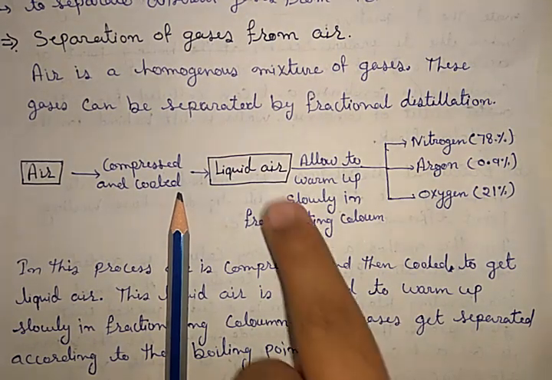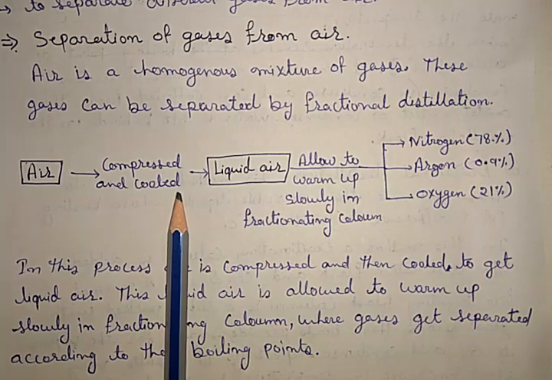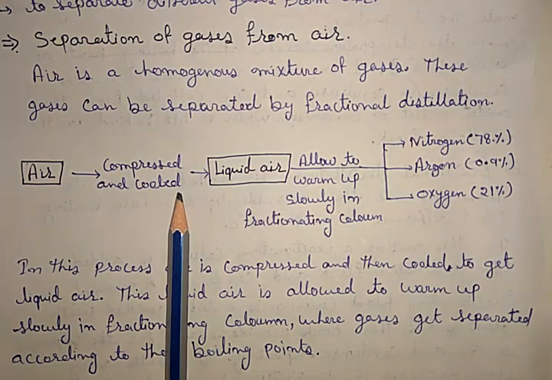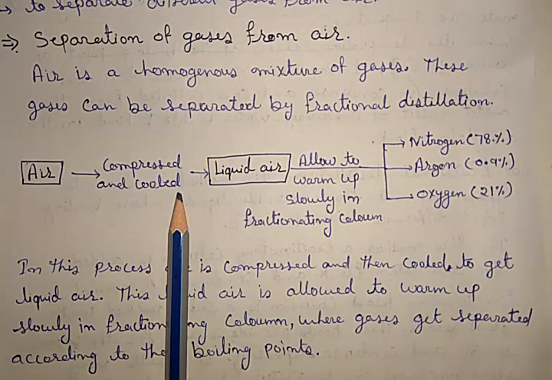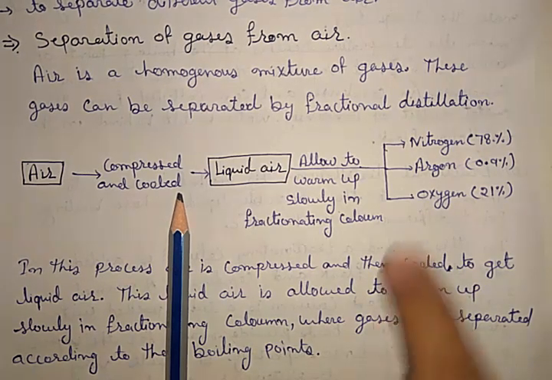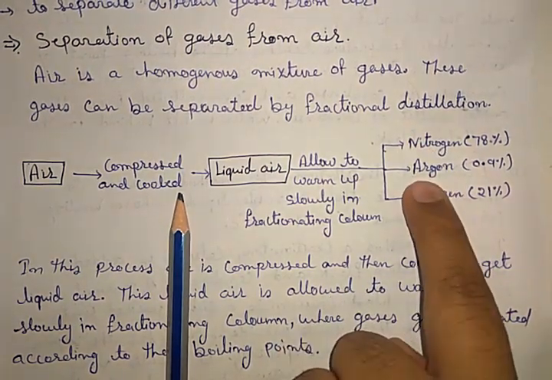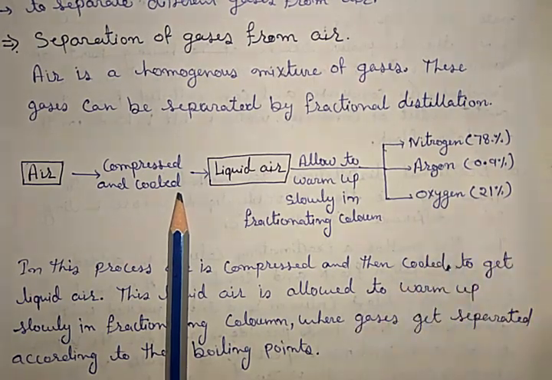Now this liquid air is allowed to warm up slowly in the fractionating column, where the different gases separate according to their boiling points. Firstly we obtain nitrogen, then argon, and finally we obtain oxygen.